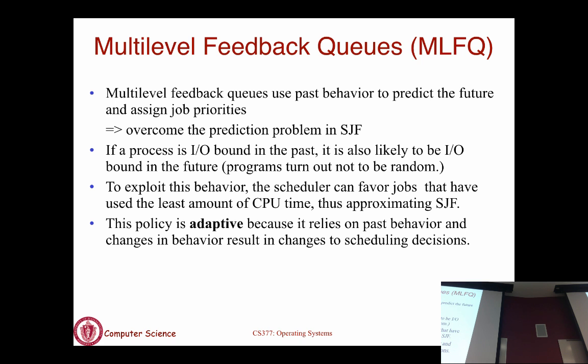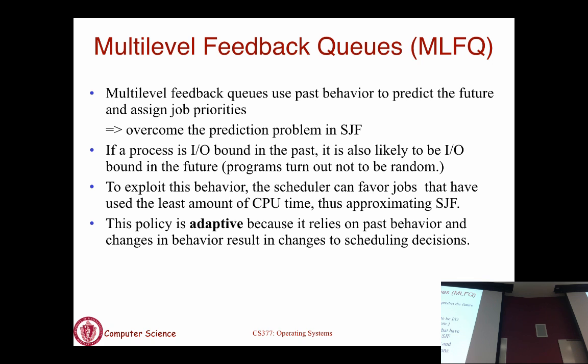So what if you assume that the behavior of the job in the near future is going to be similar to its behavior in the near past? The recent behavior of the job in the past is going to look like what the job is going to do in the future. This is in general a good assumption because if you are sitting in a for loop, for example, computing, you are likely to do that for some more period of time. Or if you are doing some I/O, reading something from a file, you might read some more data from the file.